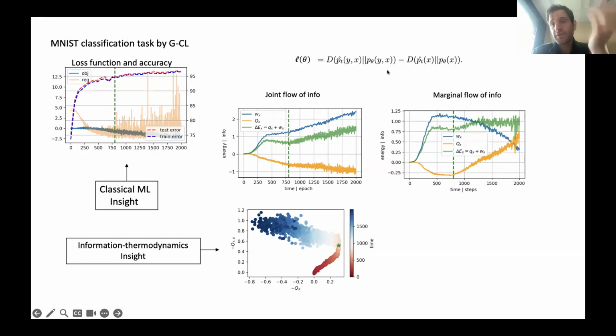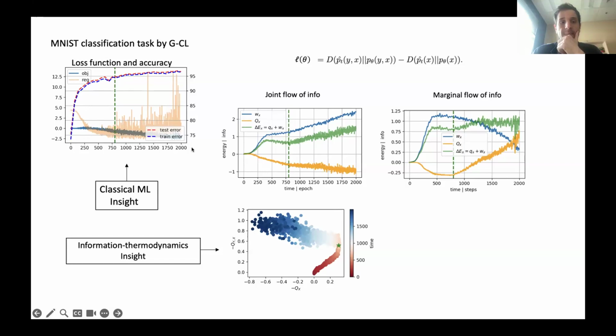So there are two different ways to learn this conditional distribution. It has been shown that generative classifiers are more robust and generalize better, but are computationally more expensive.